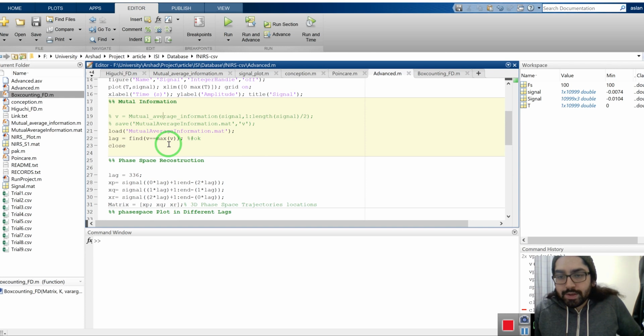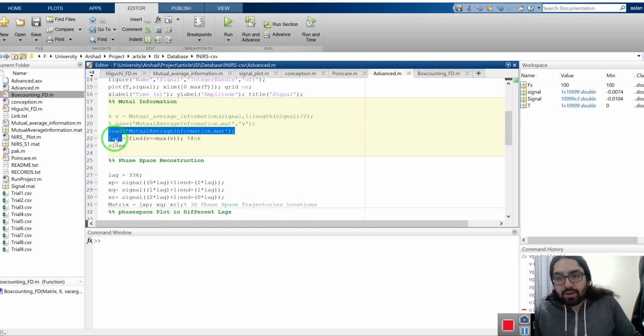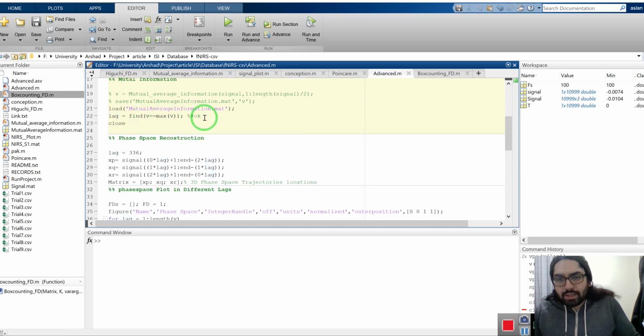First of all, we need to measure and calculate the mutual information of this signal. Here I use the mutual average information method. There is another method, but it's one of the best ones, but it's just a little tiny, so I just saved it, and I get the trick here and just load it.